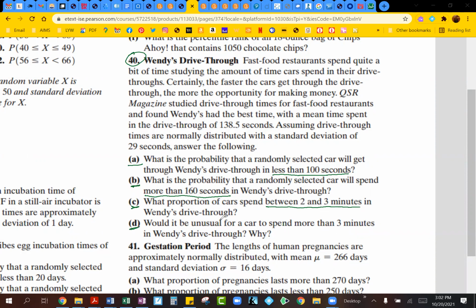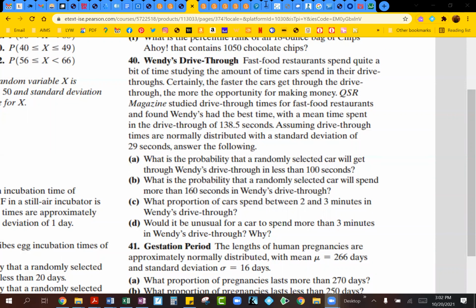And the last one wants to know, would it be unusual for a car to spend more than 3 minutes in the drive-through, and why? All of these questions want us to calculate the probability, but they're changing the language a little bit on some of them, and we'll have to give a reason for the answer on that last one.